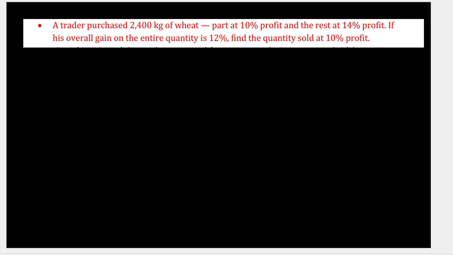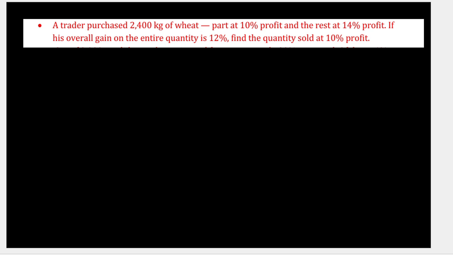So this is a problem with regard to mixture and allocation, wherein there are different quantities involved. That means a cheaper quantity and an expensive quantity, and there is another quantity called the in-between quantity. All these three quantities are very important for us.